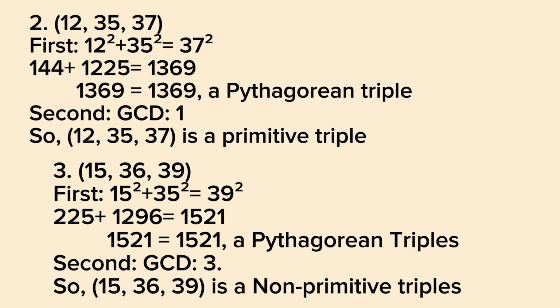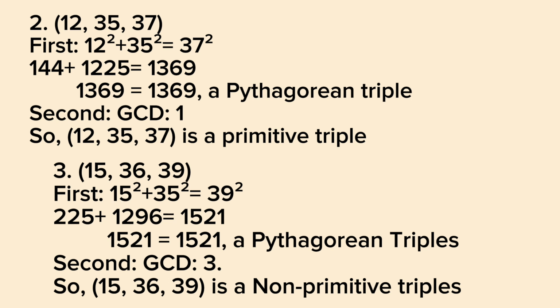Let's have another example, number 2: 12, 35, and 37. At first, we have to follow the rule again to satisfy the equation a squared plus b squared is equal to c squared. So 12 squared plus 35 squared is equal to 37 squared. So that will be 144 plus 1225 is equal to 1369.